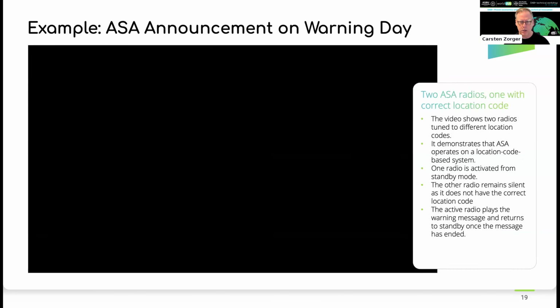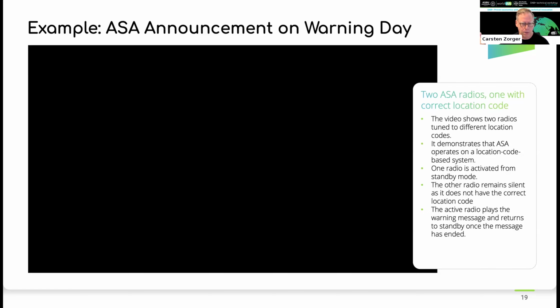Now I'm almost finished, but I will show you a video now. I'll explain beforehand what we will see. You will see a video of 2 radios. One has a test location code, which is active. So one of the 2 radios will activate from standby, as we would have loved to have it in the Ahr Valley when the flood came.